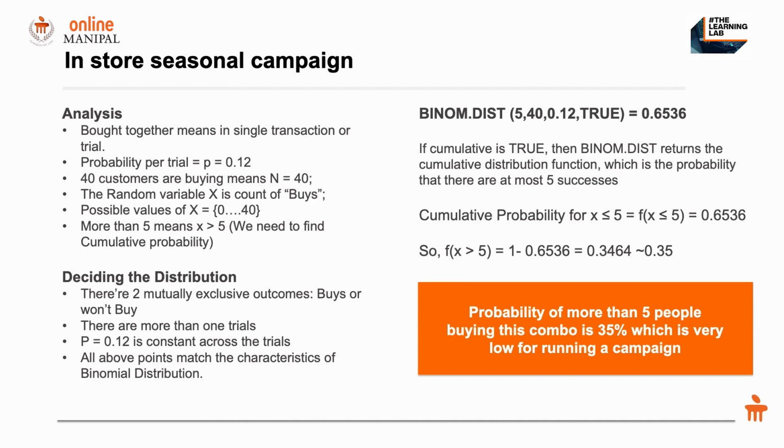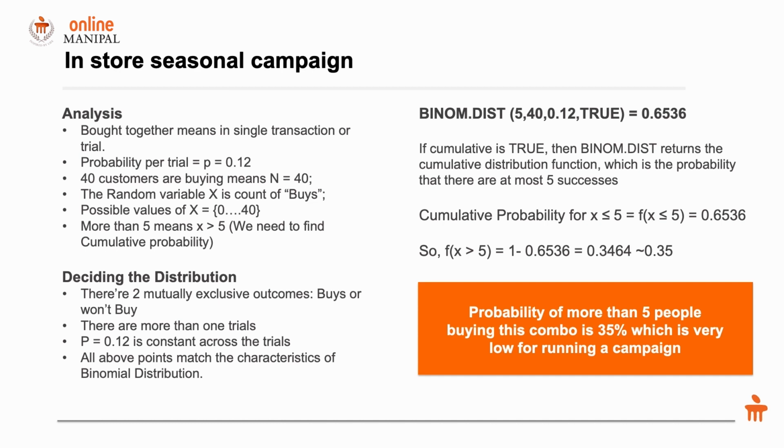Now if we use the formula of binomial distribution, we can calculate the binomial distribution for 5 given 40 trials with the probability of 12%, that is 0.12, and using TRUE as a parameter, we get the probability value of 0.65. We've used TRUE, which is a parameter in Excel, because this will help us get the cumulative distribution of the variable.